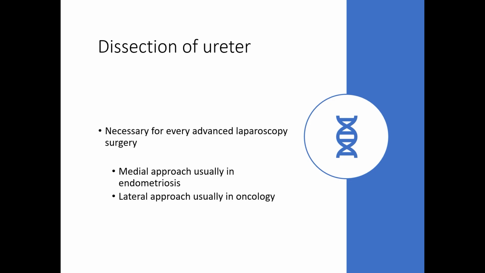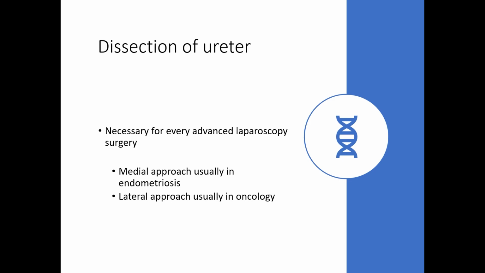Are we getting it? Second thing, it is very important to dissect the ureter and learn how to dissect the ureter for every advanced surgeon. Okay? There is something called the medial approach, used in endometriosis. So we use the medial approach, or we lateralize the ureter in the medial approach. Right?